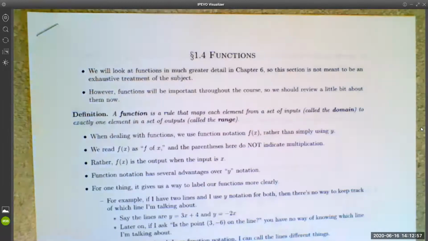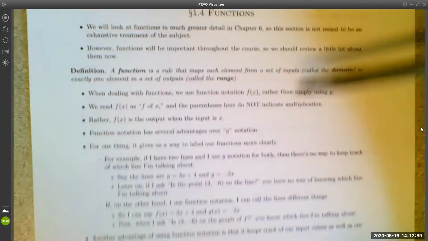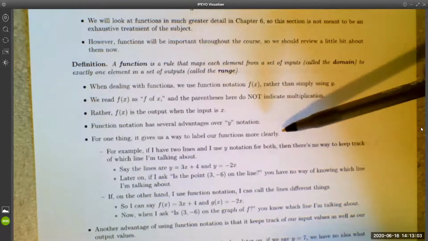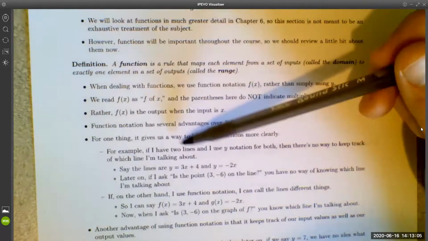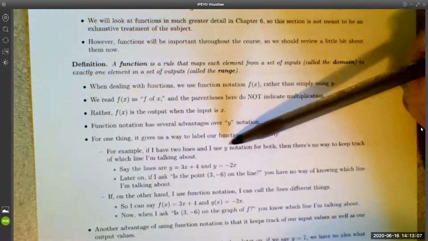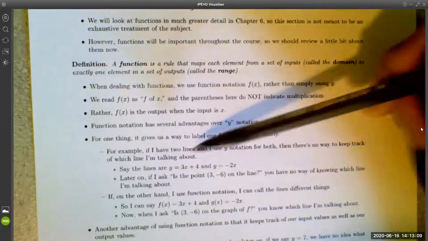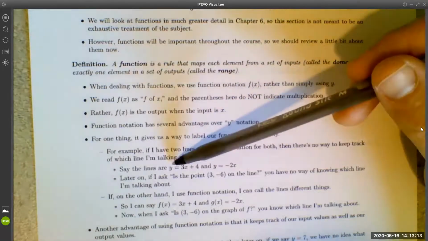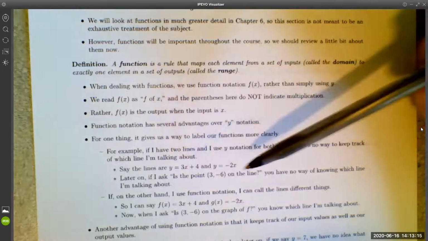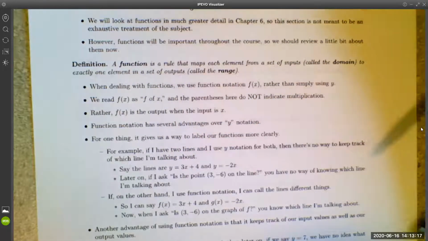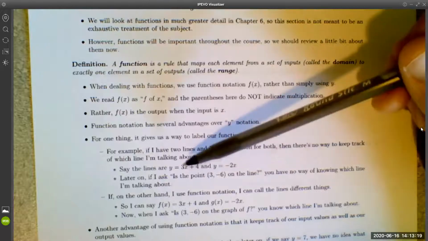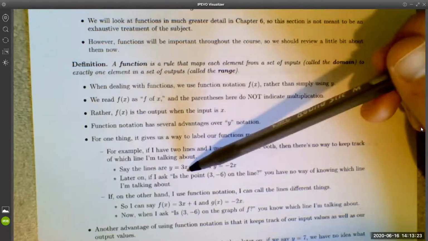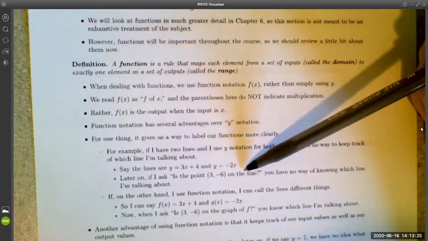There are a couple things that function notation is really nice for. For one thing, if I have two lines and I use y notation for both of them, then there's no way for me to keep track of which line I'm talking about. So you might have one line that says y equals 3x plus 4, and another line that is y equals negative 2x. If we have some kind of discussion about these two lines, and then later on I ask, is the point (3, negative 6) on the line?